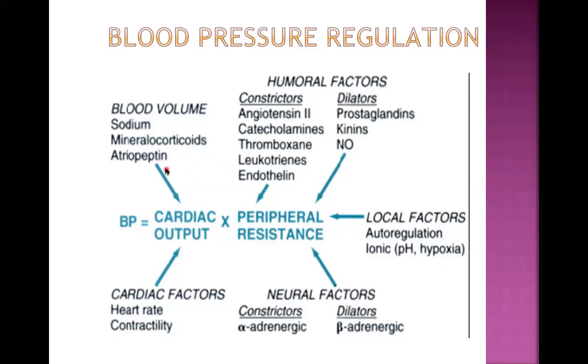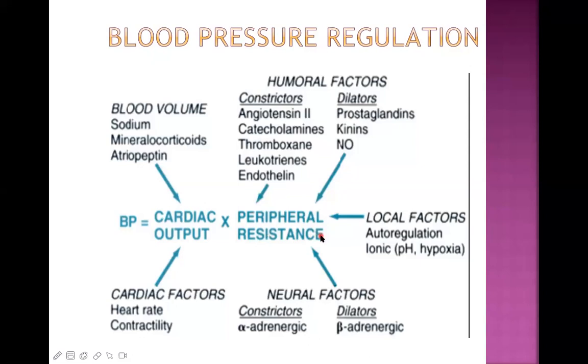So what is the function of this? Natriuresis. It will decrease the amount of sodium in the blood. So if the level of this atriopeptin is less, what does that mean? More sodium will be accumulated in the body. So a lot of these things are related with each other.